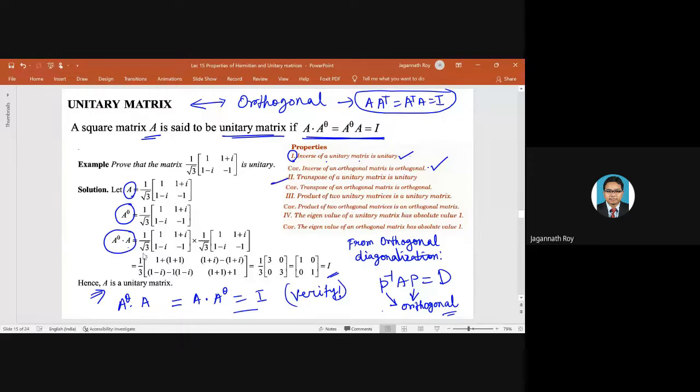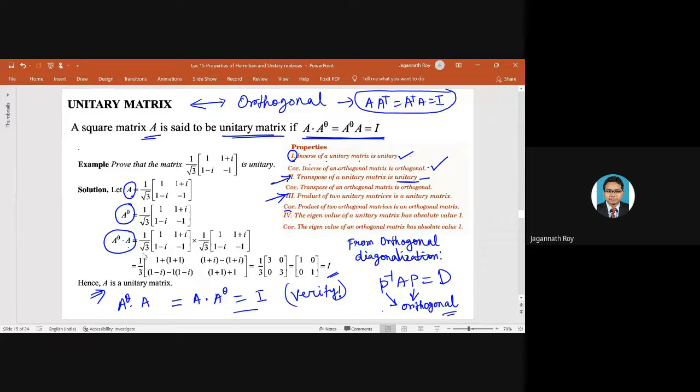Similarly, the transpose of a unitary matrix is also unitary. In fact, the transpose of an orthogonal matrix is actually the inverse. So 1 and 2 are almost similar types of claims. And the product of two unitary matrices is also unitary.